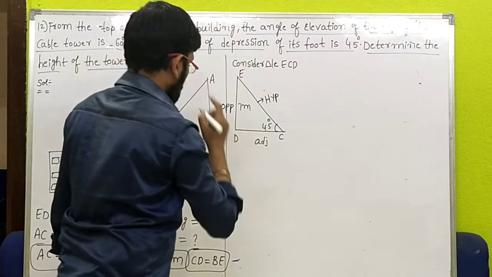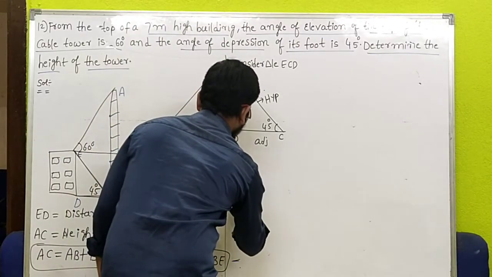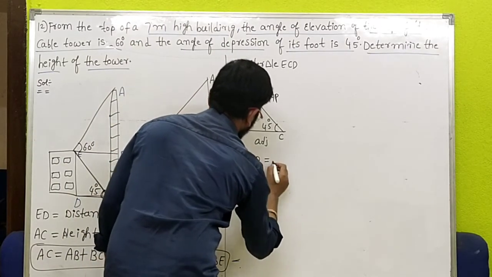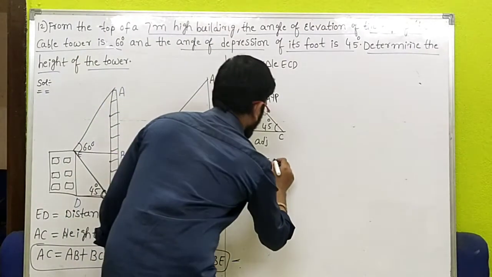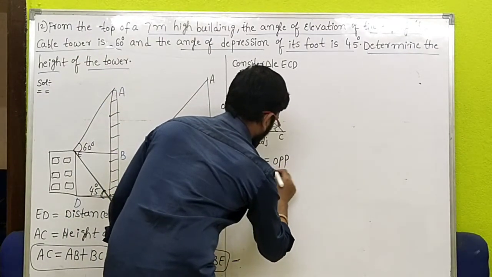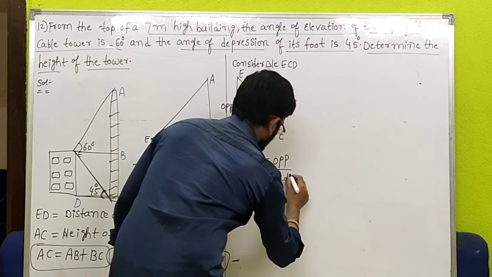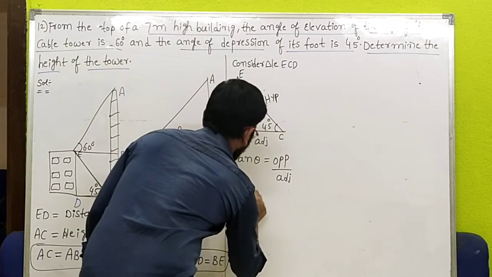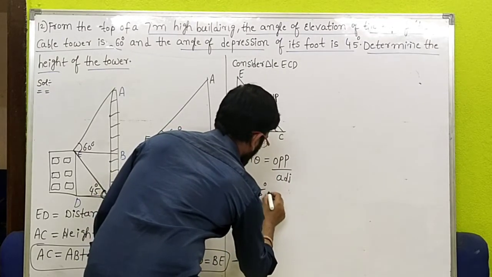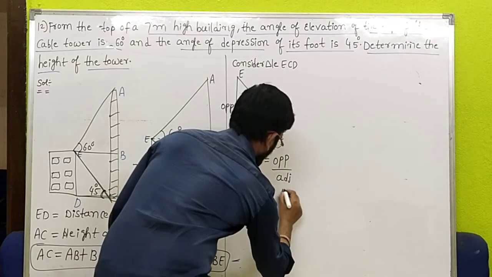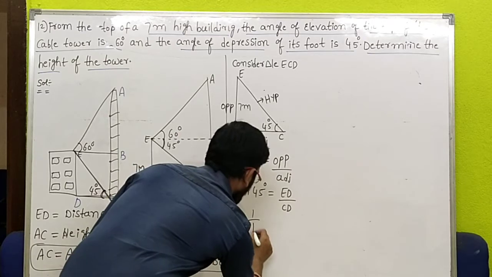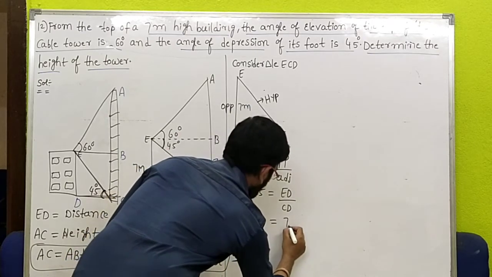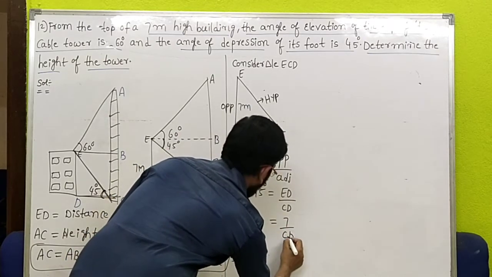So tan theta equals opposite by adjacent, because opposite is given and we want adjacent. Tan 45 degrees equals ED by CD. Tan 45 is 1, so 1 by 1 equals 7 by CD.